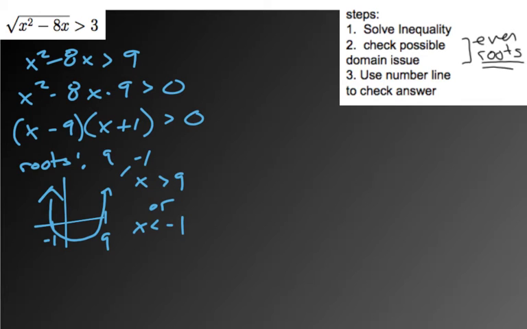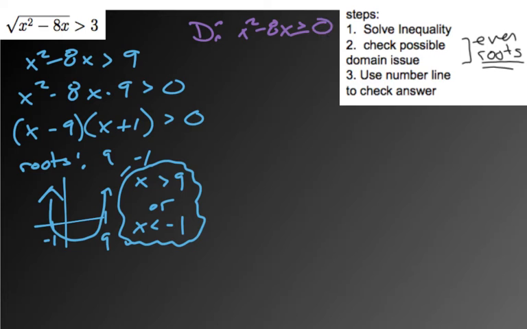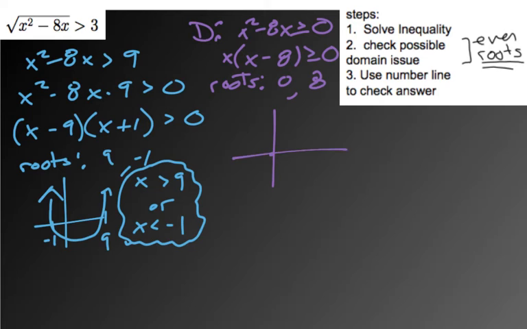So this is possibly the answer, but we have to remember that domain part. We have an even root, so we have to do the whole domain thing. We need x squared minus 8x to be greater than or equal to 0. So take out an x. It's just another quadratic inequality. The roots on this one are 0 and 8. So if I graph this one, you got 0, you got 8.